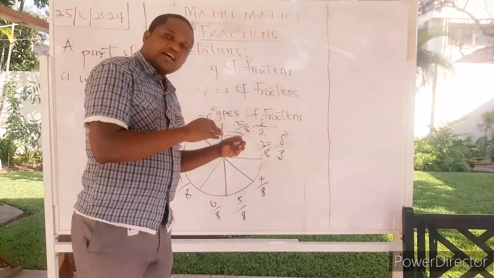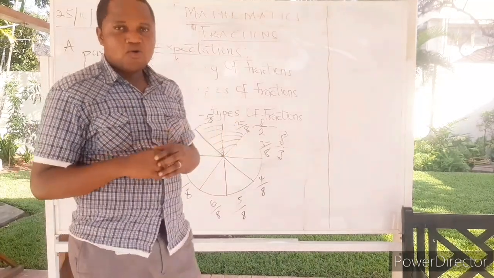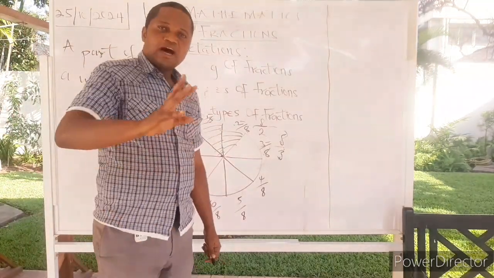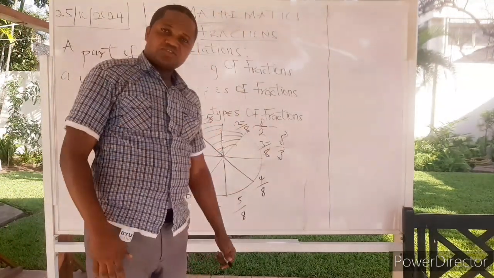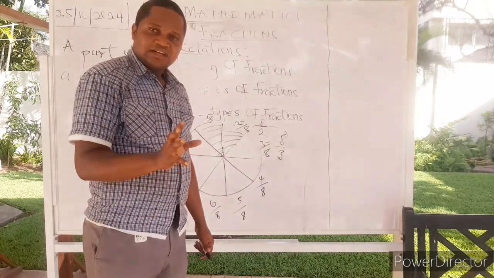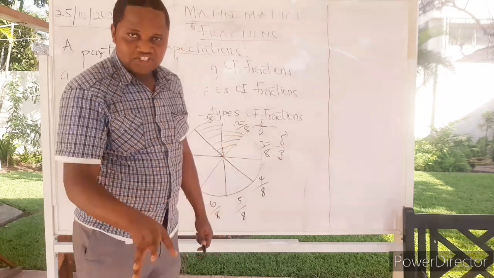What are whole numbers, students? Whole numbers are the normal numbers we count on a daily basis. So a mixed fraction is a combination of a whole number and a fraction.